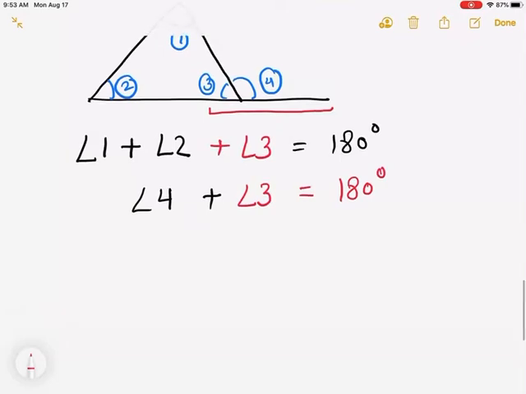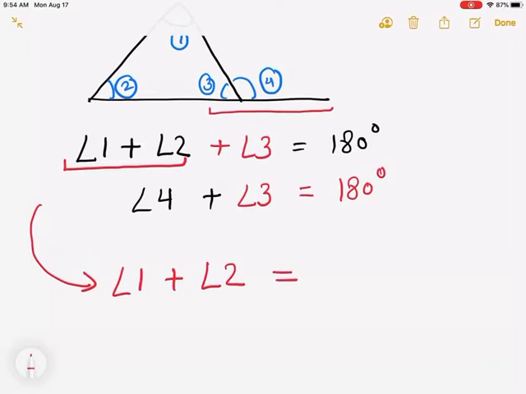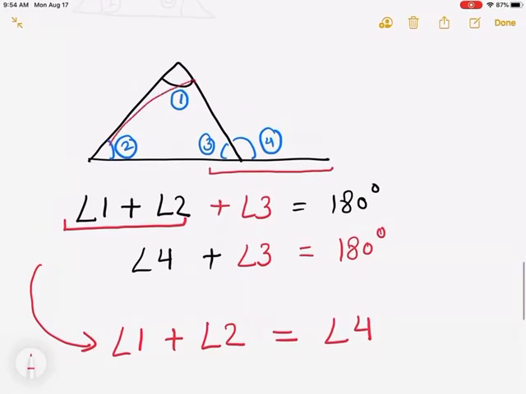So from this equation, I could say that the sum of the first and second angle in this triangle would always be equal to this outside angle, which is angle 4. So it means these two would always add up to this outside angle.